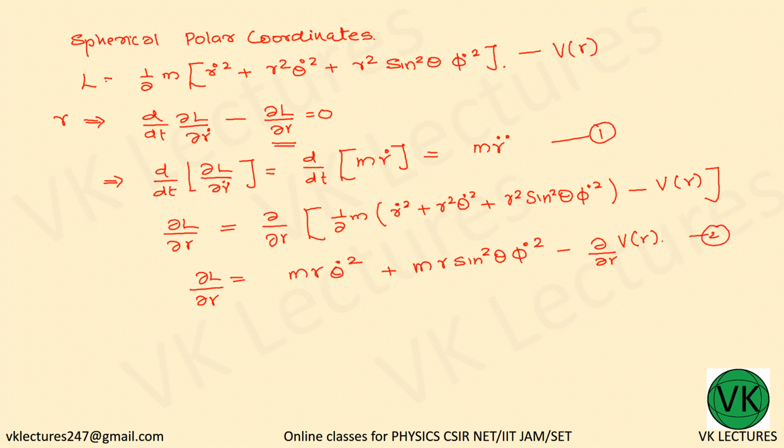Now from the equation of motion, d by dt of dou L by dou r dot minus dou L by dou r, equation 1 minus 2 should give us the equation of motion.